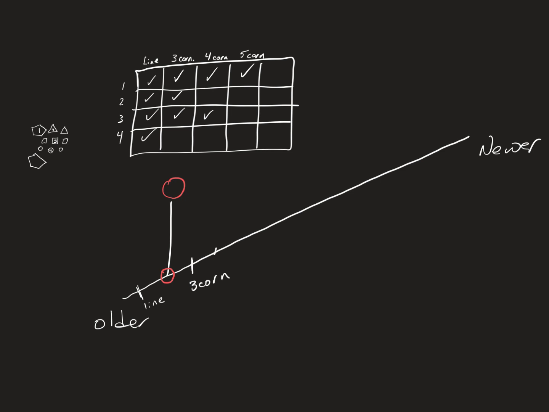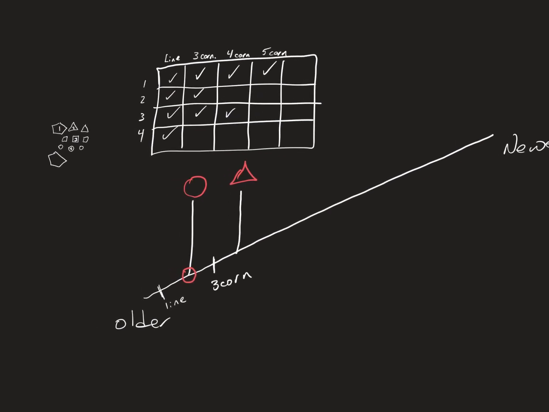Then from that, it had a bunch of different evolutionary steps later, a bunch of different organisms, and you ended up with the triangle. A little bit further down, many thousands of years later, you had the evolution of four corners.